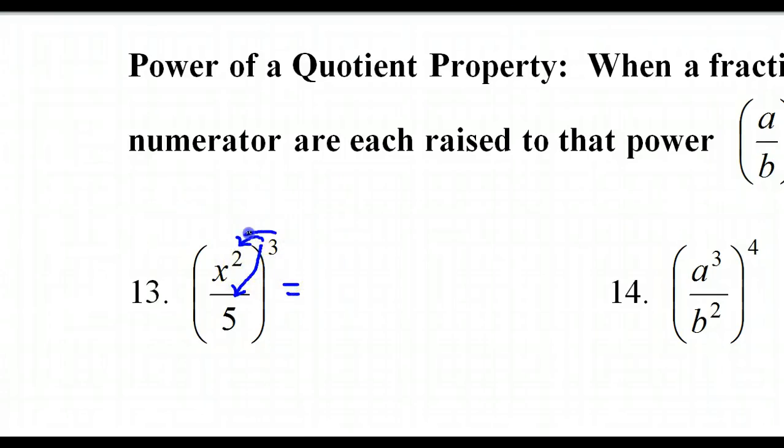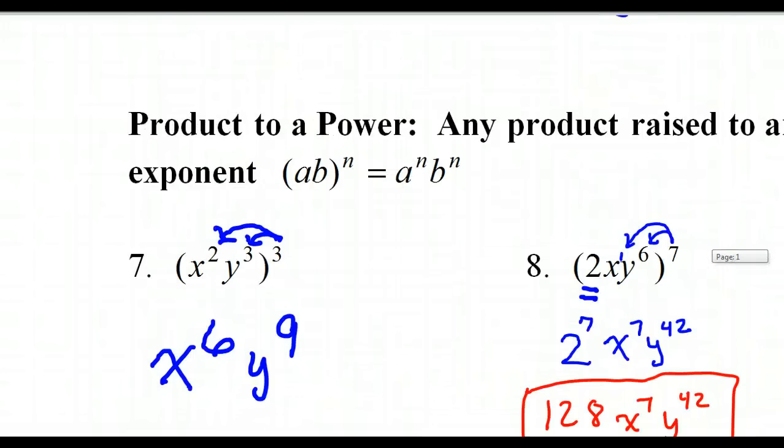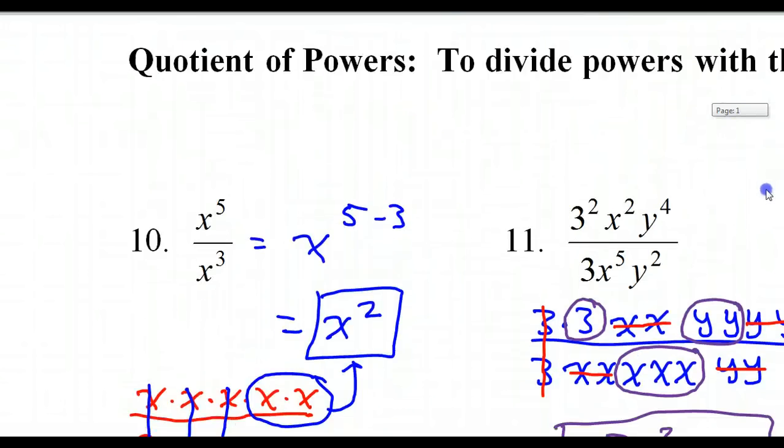So I'm going to wind up with x to the 6th power, because of a power raised to a power, just like we saw above, if you have a power raised to another power, you multiply. So that's all we're doing.